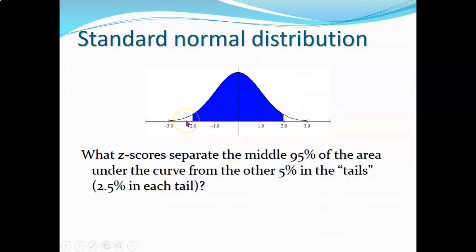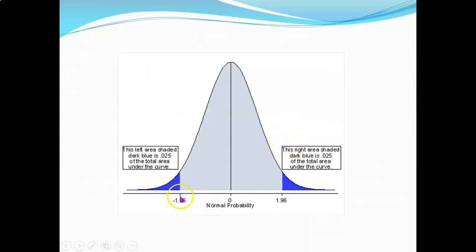So there's 2.5% over here and 2.5% over here. And it turns out that the z-scores are negative and positive 1.96. If you make those your dividing points, that separates the middle 95% from the other 2.5% down here and 2.5% up here.